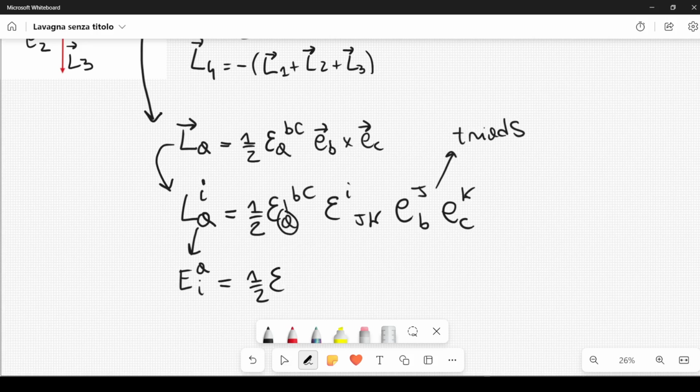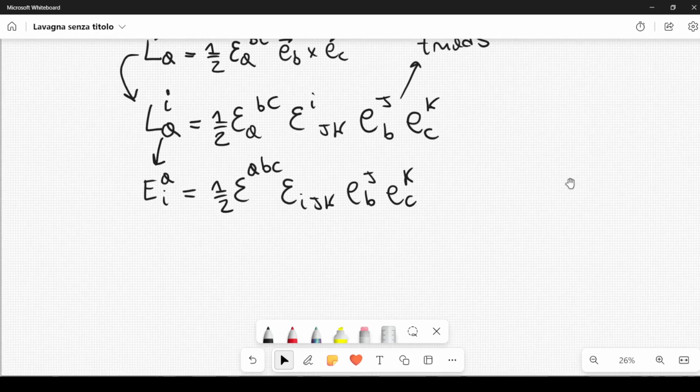This A will become a superscript, so I have A, B, C. And then I have epsilon I. This I will become a subscript, JK, E^J_B E^K_C. So this is the classical expression of the densitized triad. Why is it classical? Well, because we are reasoning in terms of classical quantities.